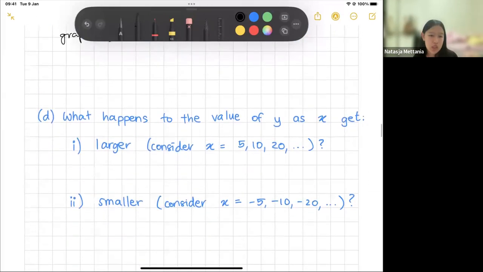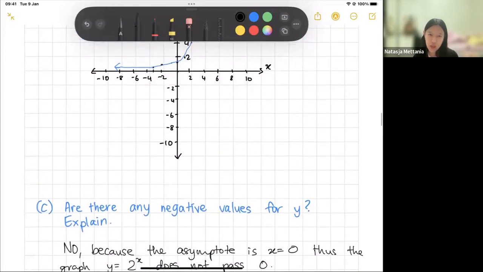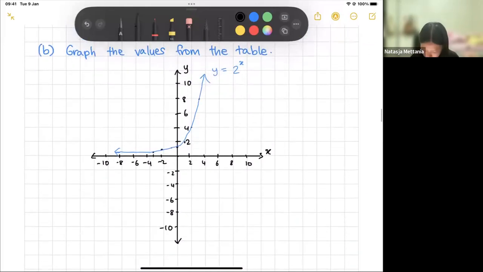Let's go to question D. What happens to the value of y as x gets larger? Let's look at the graph. If I had x equals 5 around here or so, and you try to predict it, that graph will just continue on and get larger. The y value will just get larger.